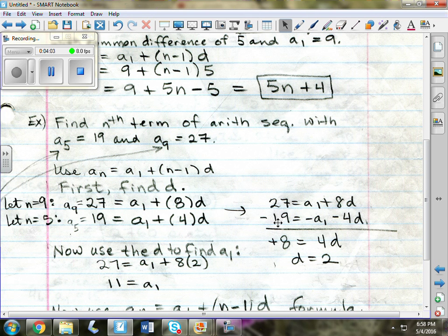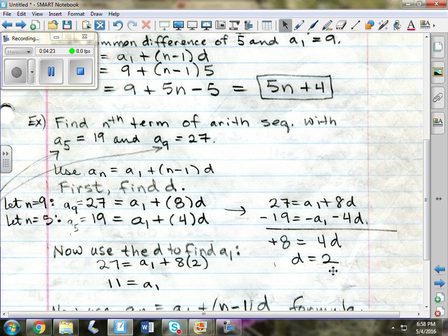So we're writing that formula down, and I'm going to take these two equations and subtract them from each other because I can do an elimination of the a sub 1's. So then I've got 8 equals 4d, and I can solve for d, it's 2.